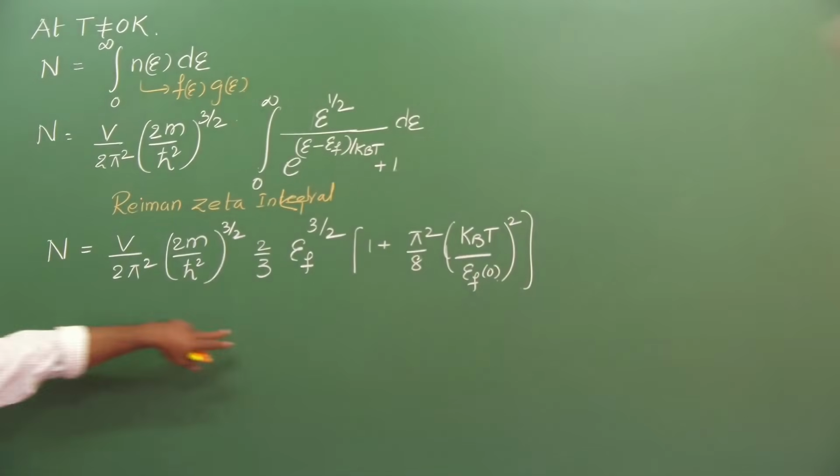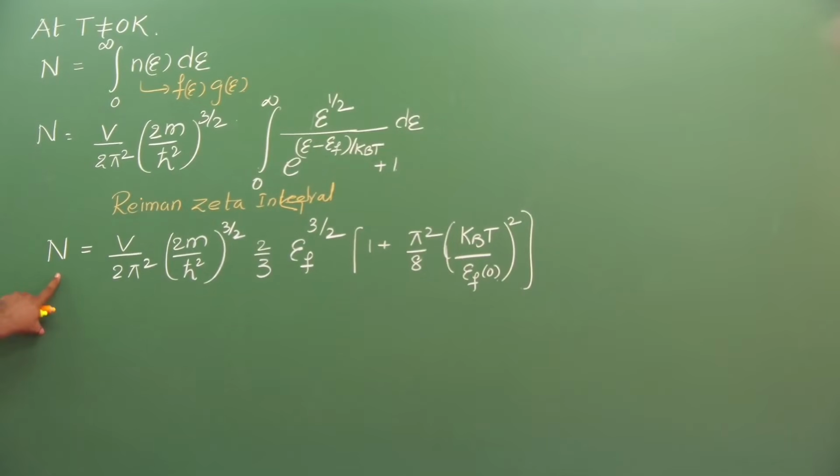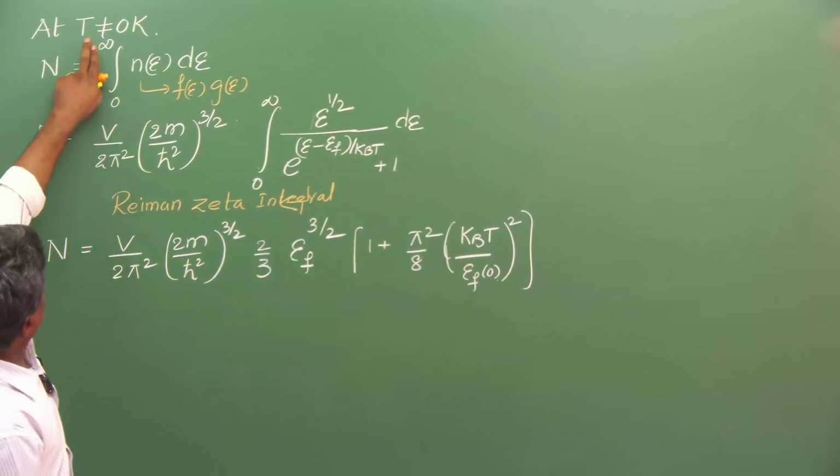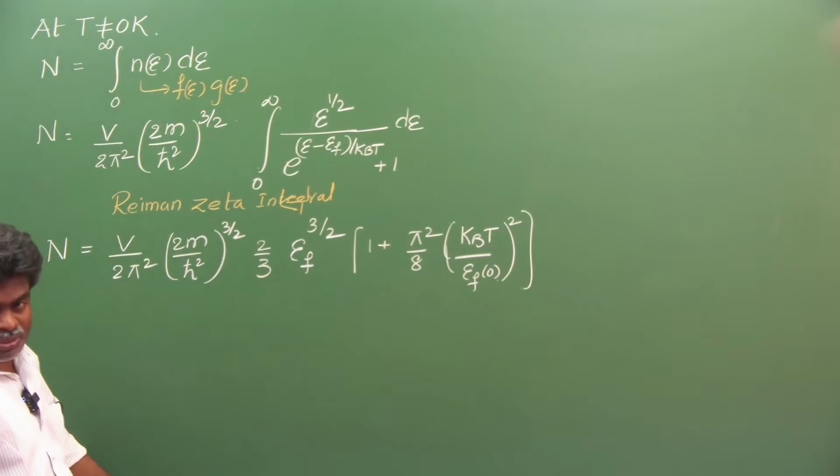You need not remember this also. So this is the number of electrons when T is not equal to 0 Kelvin.